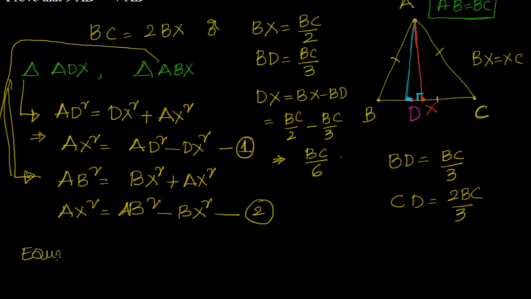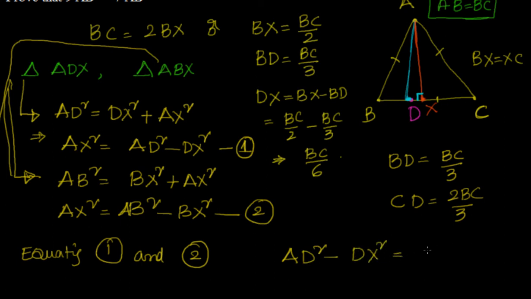Equating 1 and 2, what will I get? I will get AD square minus DX square equals AB square minus BX square.